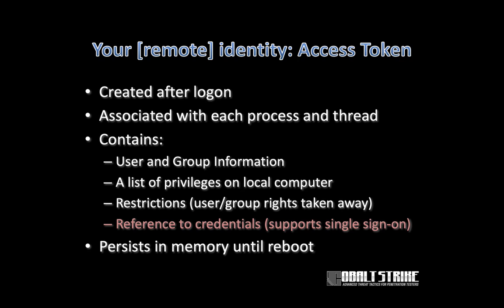Your access token also contains a reference to something called a logon session. This logon session has the credential material that is used to authenticate you to a remote target when you try to interact with it through a beacon.